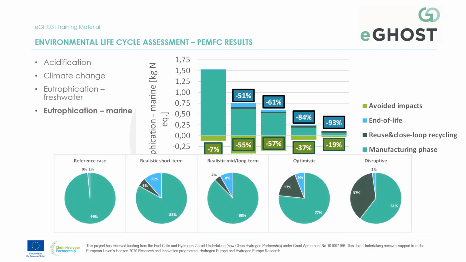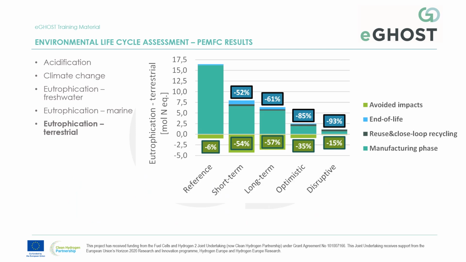So again, the percentages for the life cycle stages are also quite similar. Maybe at the disruptive case, they're a bit higher for this indicator, but not drastically. The terrestrial eutrophication is quite similar, the same case as for the acidification or climate change.